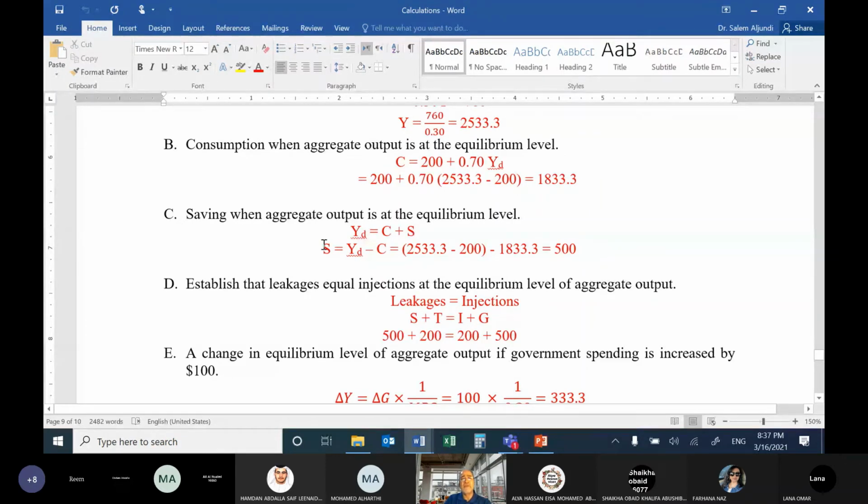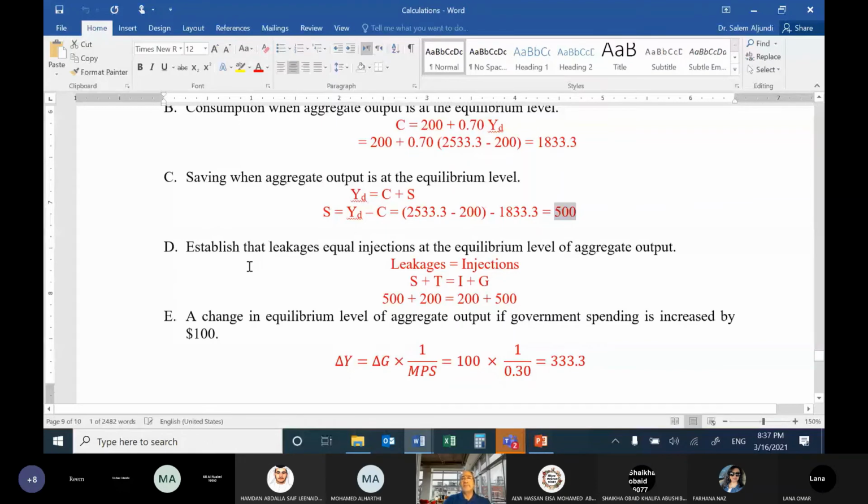So saving equals YD minus consumption. YD equals Y minus T, and here minus the consumption we calculated before. So this is the saving.